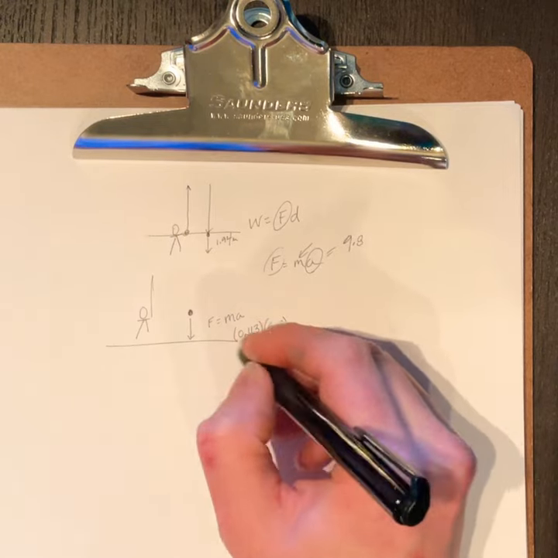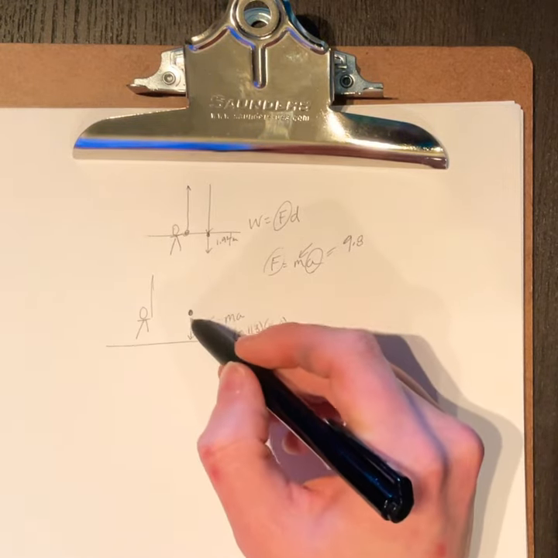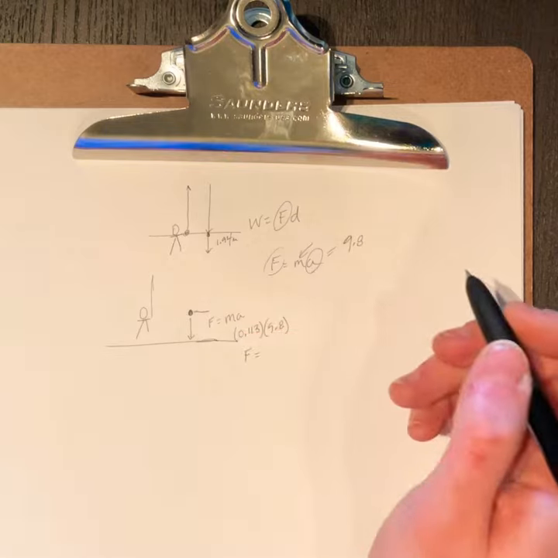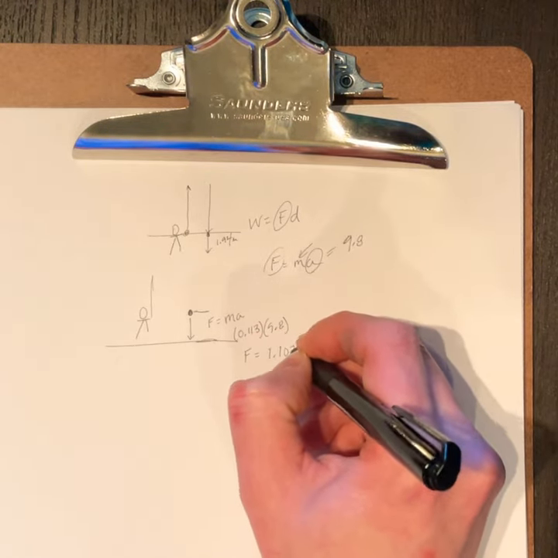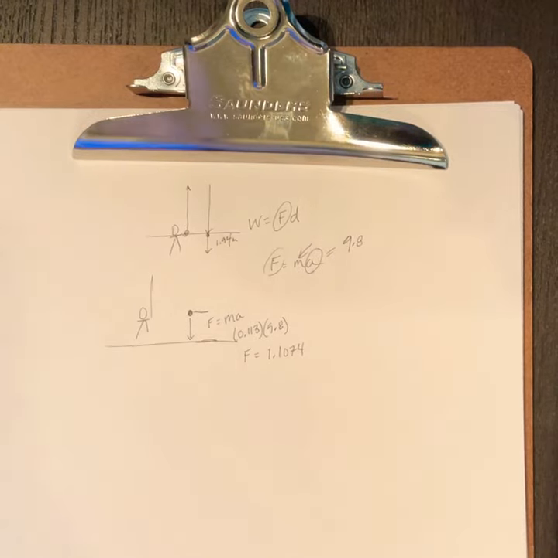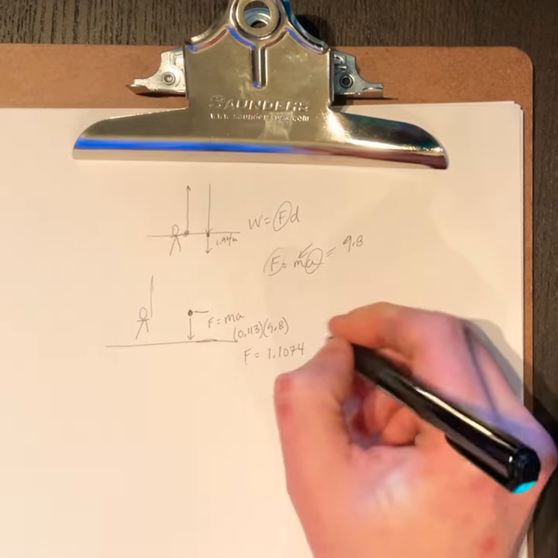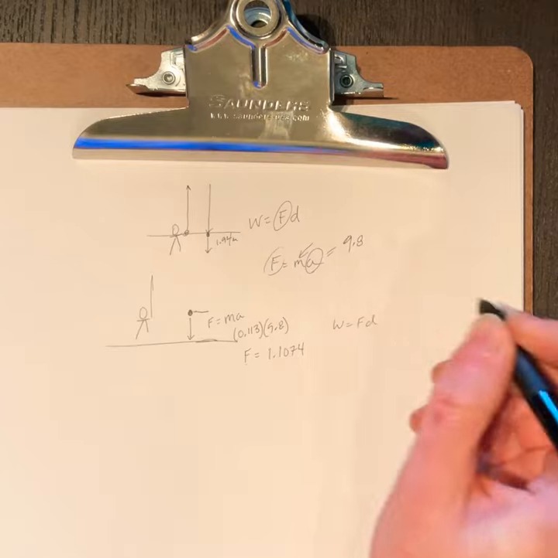So the force acting from here to here is 1.1074. And we know that work is equal to force times displacement.